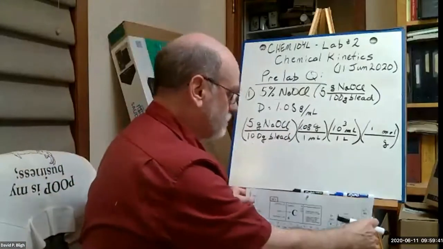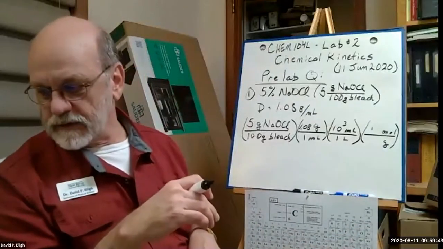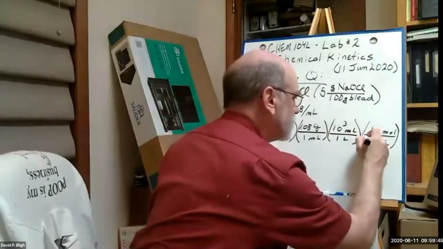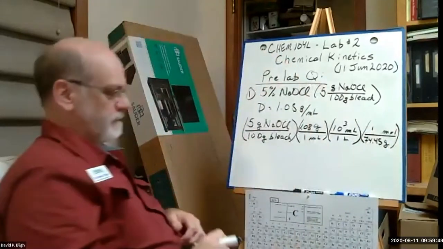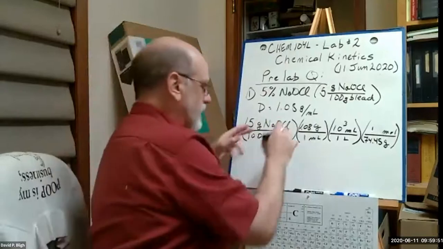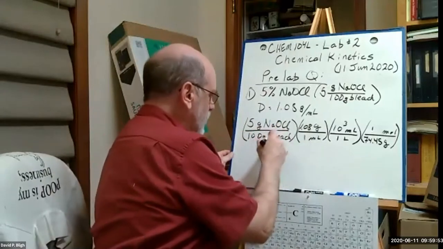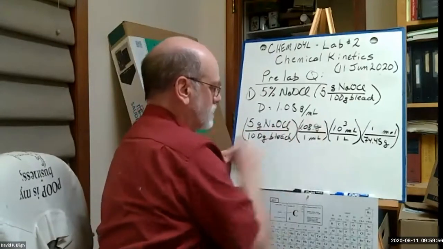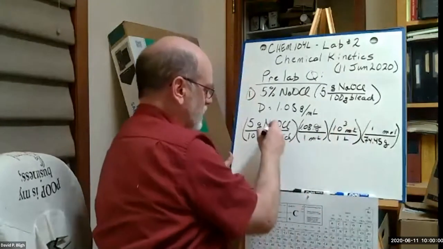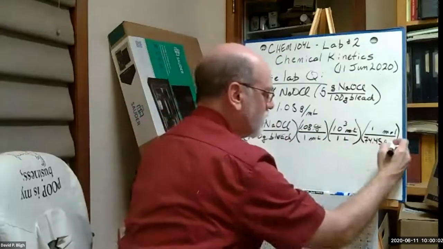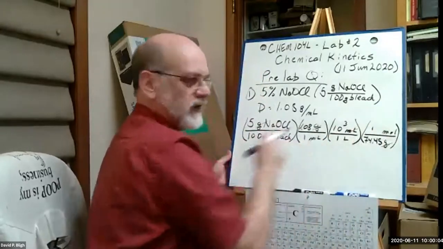And when you do that, you get a value of 74.45. Okay. Now we're able to cancel this one, then cancel this one, then cancel this one, and that leaves us with moles per liter.